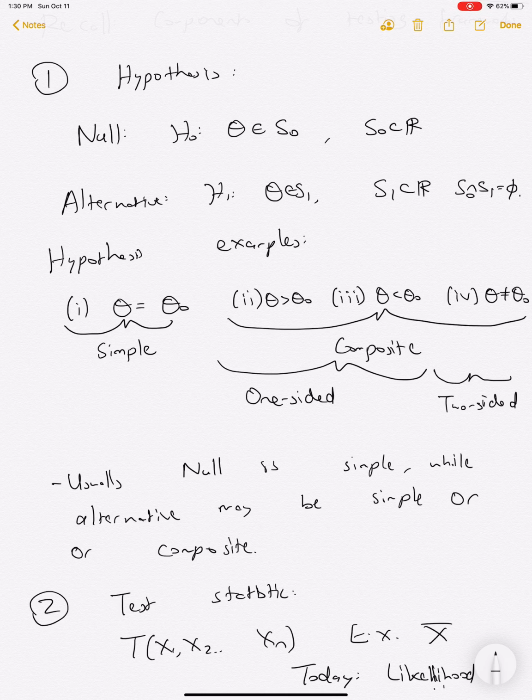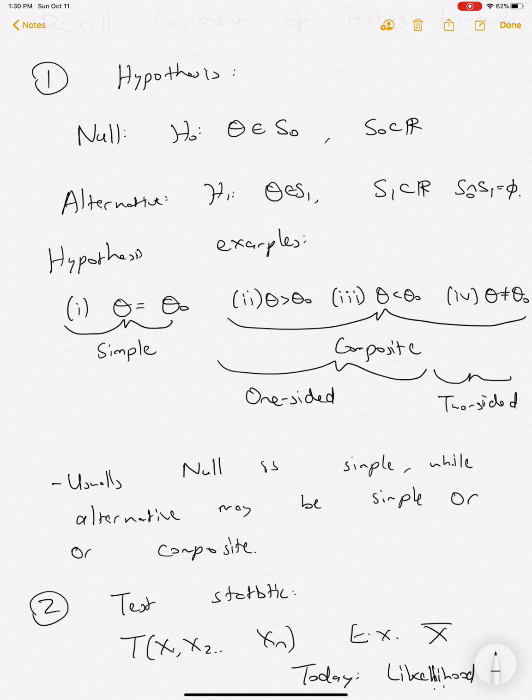And then there's a bunch of composite hypotheses that come up. So for example, theta bigger than theta 0 or theta less than theta 0 are a couple of examples. And then you can also have what's known as a two-sided composite hypothesis, which is that theta is not equal to theta 0. So your null might be that theta is 0.5, and then your alternative may be that theta is not 0.5. It might be smaller than or bigger than.